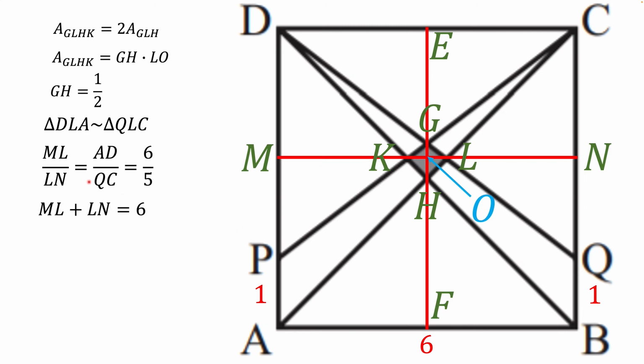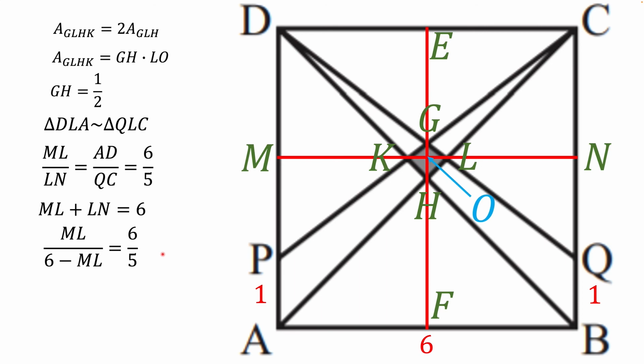Now we can replace LN with 6 minus ML and get an equation we can solve: one equation, one unknown. We can solve it two ways. One way is to see that this is a proportion. Another way is to simply look at this as an equation and multiply both parts by the product of these two denominators.